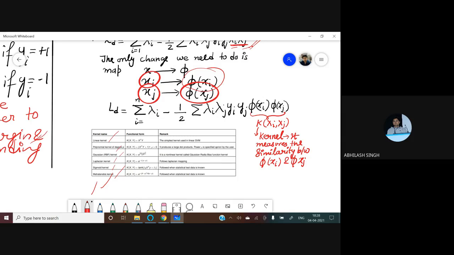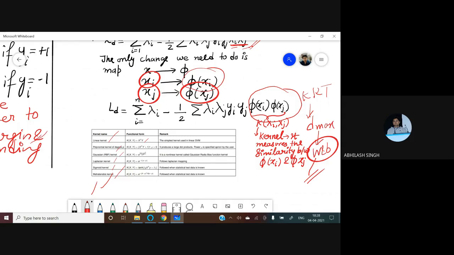Suppose we are using the linear kernel, then we just put xi transpose xj. We use the mathematical formula here and compute the dual L_D plus the KKT constraint to get a maximum L_D value, and through that maximum we get w and b. Once we get the w and b, we are done with the SVM classifier.